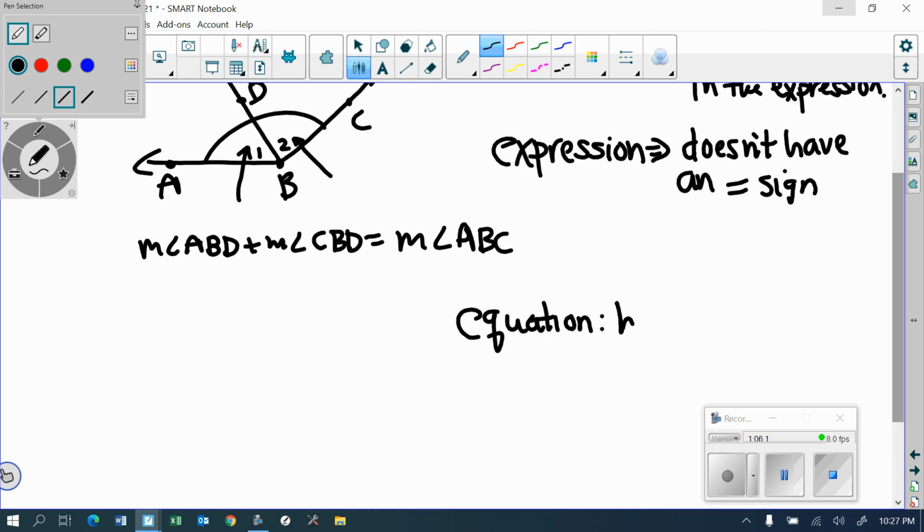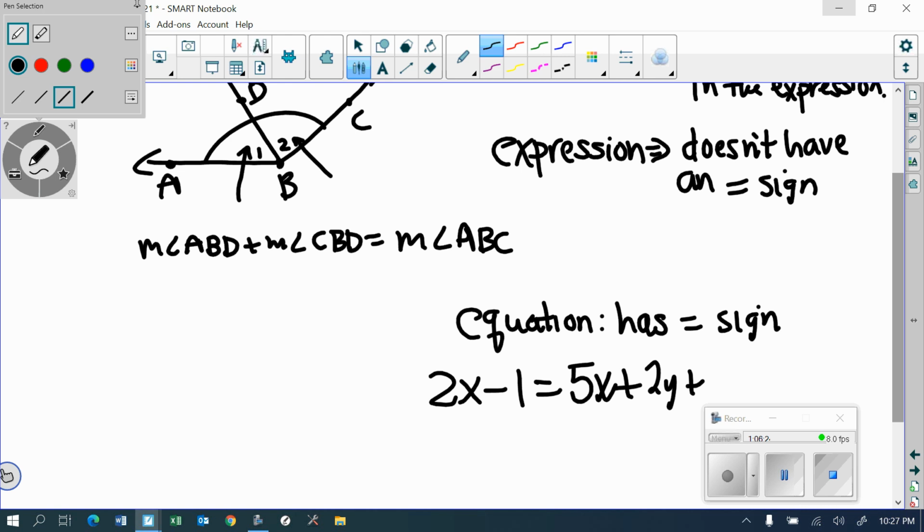So it has an equal sign. If I have 2x minus 1 equals 5x plus 2y plus 3, let's just review quick algebraic vocabulary one time.